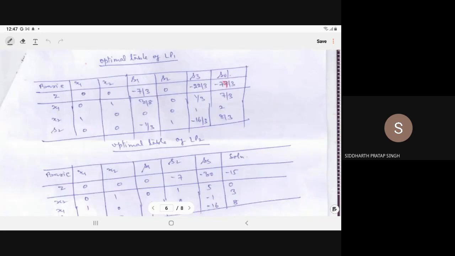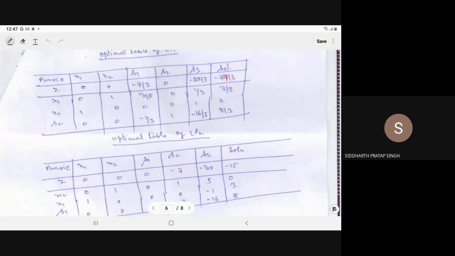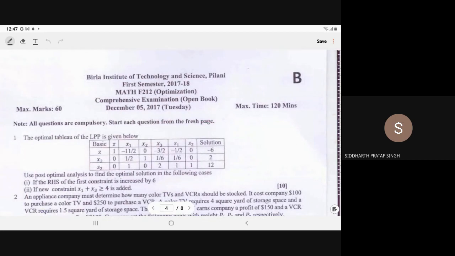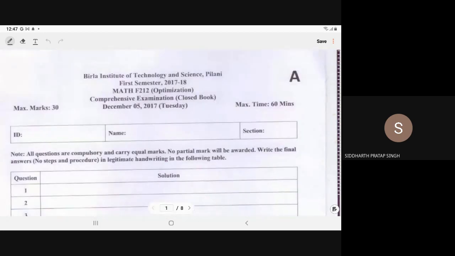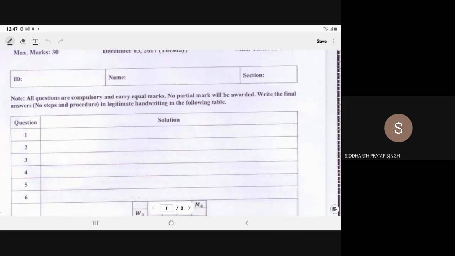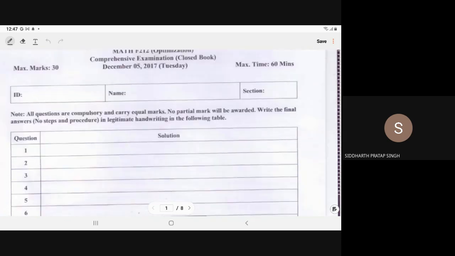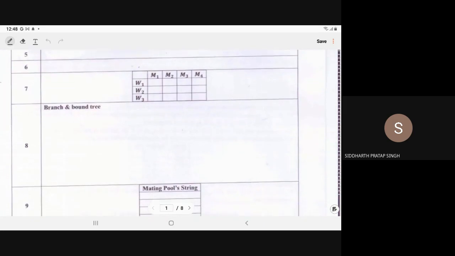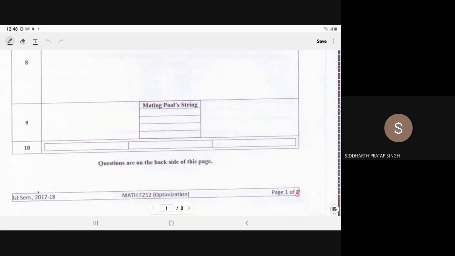So I think now every good question I have already covered. If you want, this is the paper of 17. For practice, you can see this paper. I'm scrolling a little slowly so that in the video you can read it later on. It is a comprehensive paper.